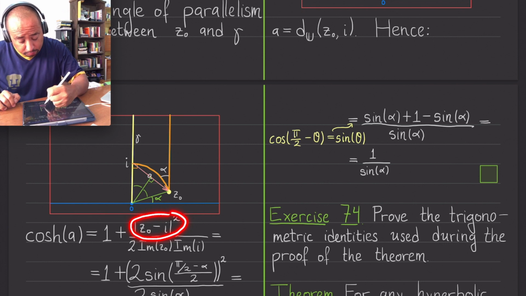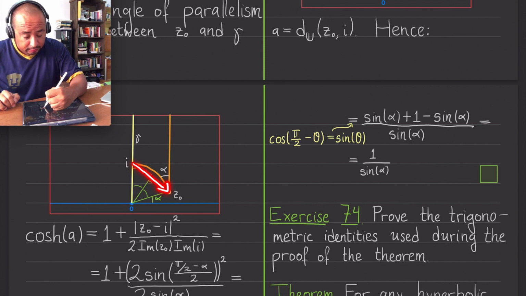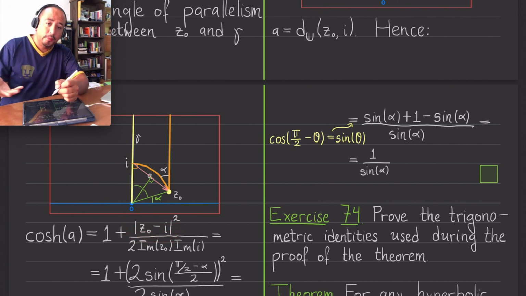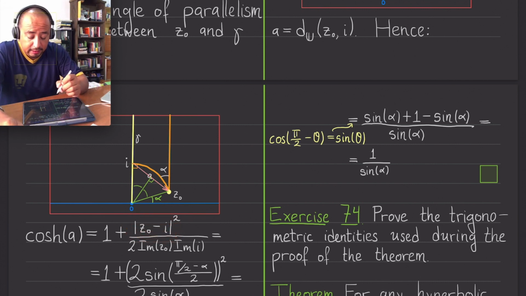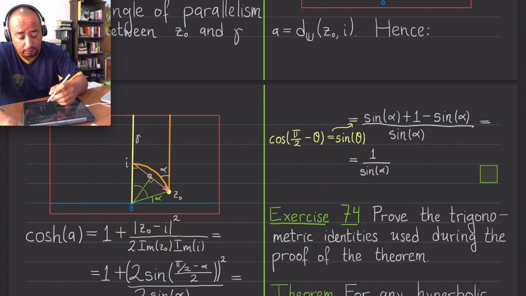On top, we have the square of the norm of this difference, which is the square of the norm of this vector in R2, or in the complex plane. How do we compute that length? We compute it with basic Euclidean trigonometry, because we know how much this angle measures.